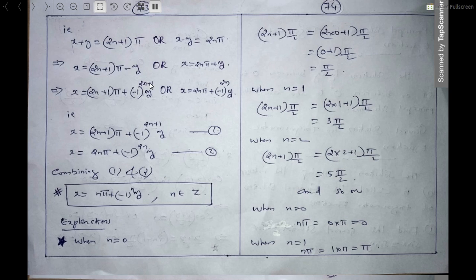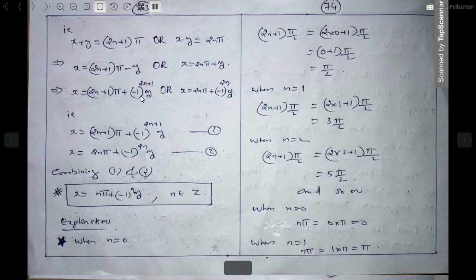This is nothing but, when you substitute n is equal to 0, what happens? 2 into 0 plus 1 is 1. (−1) raised to 1 means what? −1 itself. So −1 into y, minus y, right? When n is equal to 1, 2 into 1 plus 1, 3. That is (−1) raised to 3.